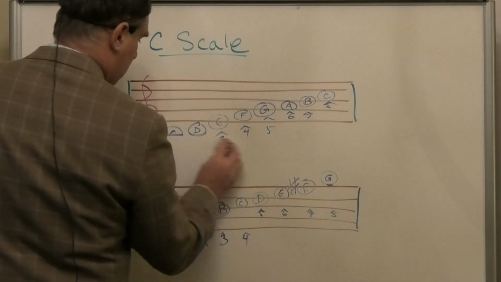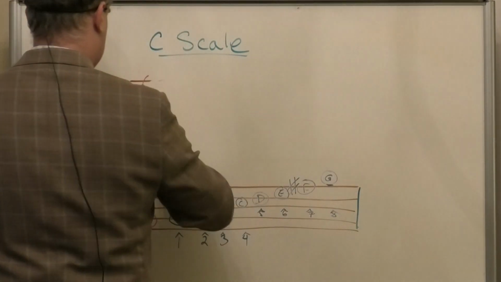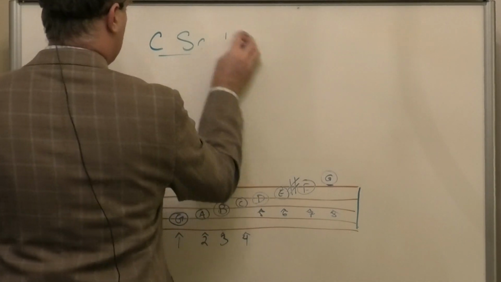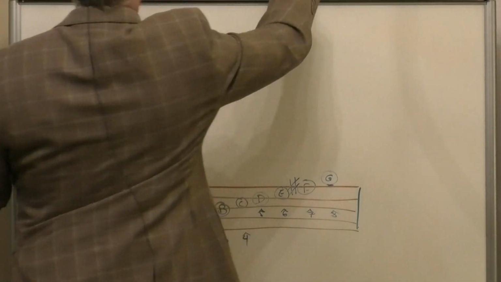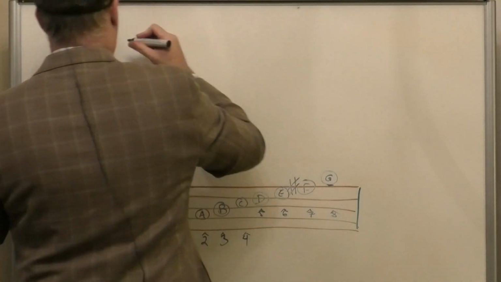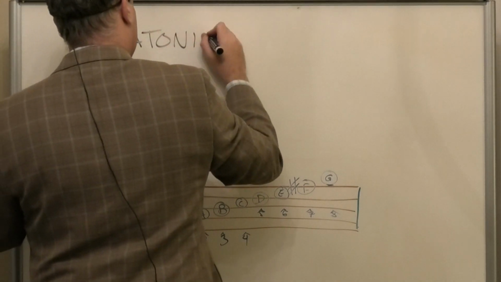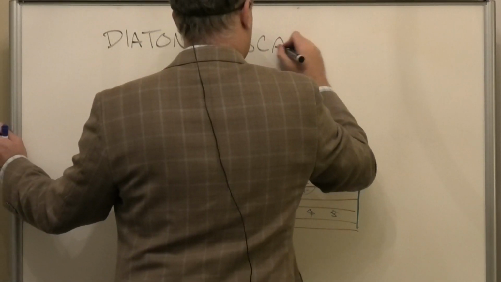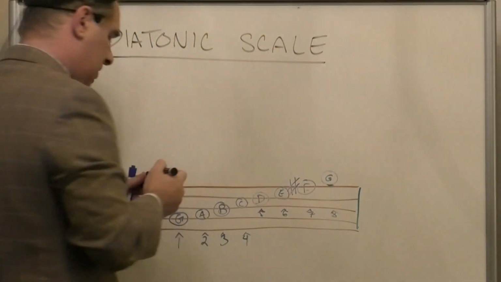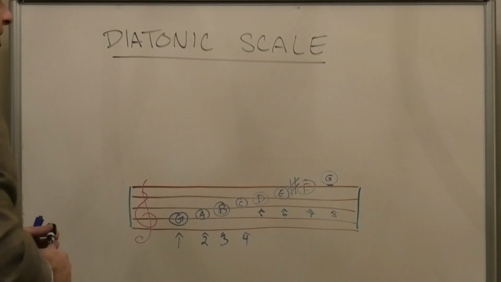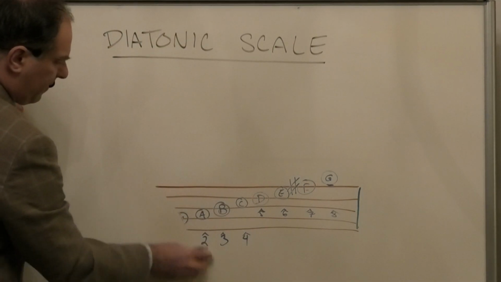How about that? So let's look at the names of the scale degrees. We can use them. There's a couple of them that we use a lot, like 1, 5, 7, and 8.